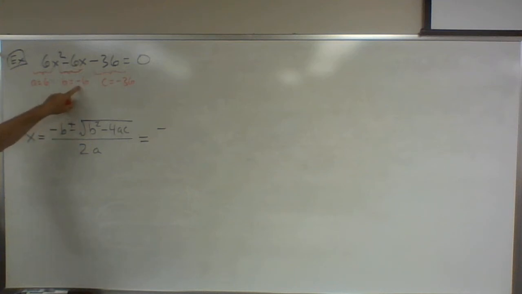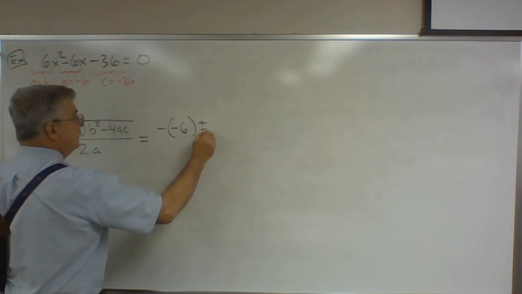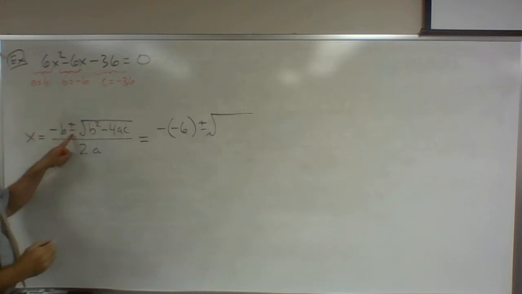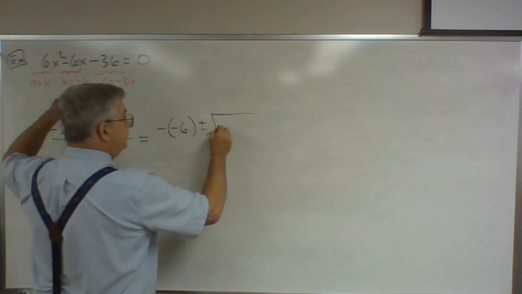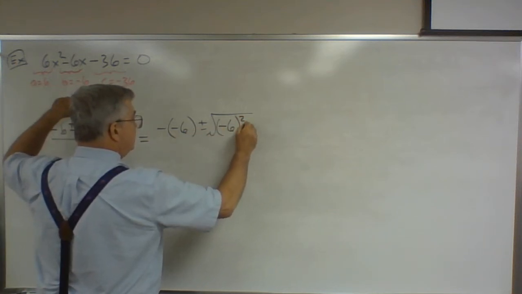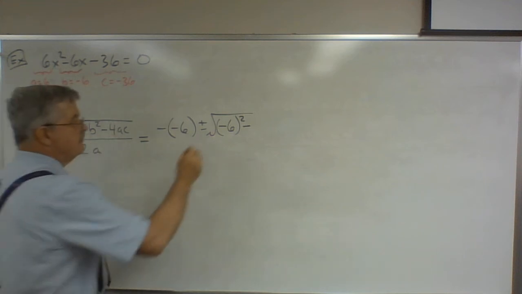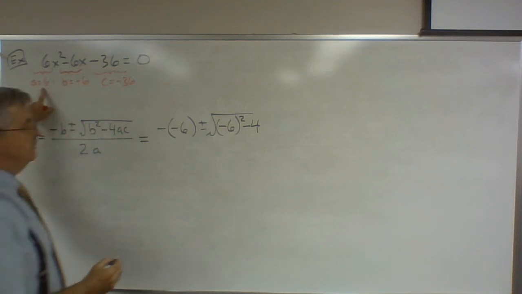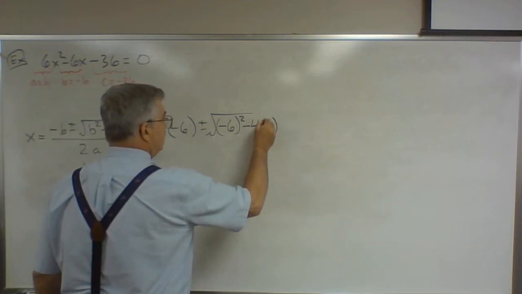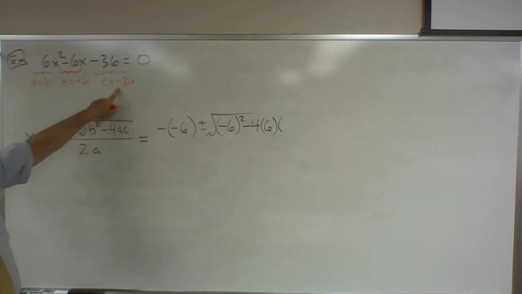Negative b, and b is negative 6, so that's negative negative 6, plus or minus the square root. And the first thing we have is b squared, so that's negative 6 squared minus 4 times a, and a is 6, times c, and c is negative 36.